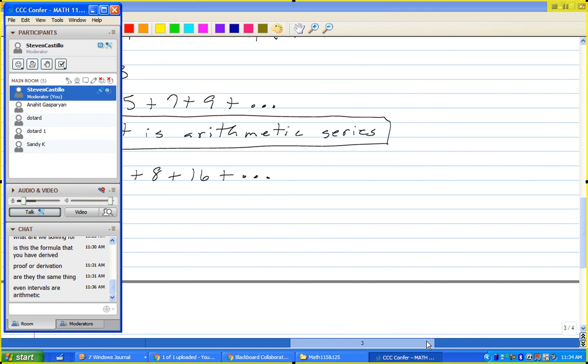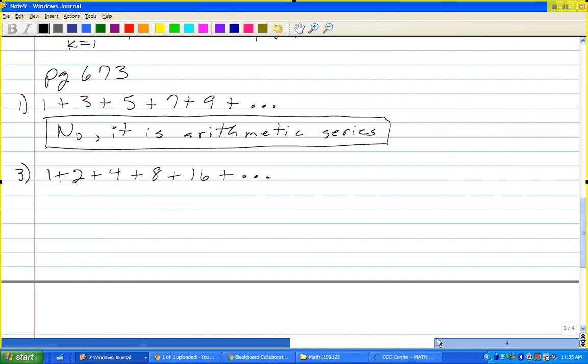If we have a common difference, if you always add the same amount, then it is an arithmetic sequence. Since we're adding terms of an arithmetic sequence, this is an arithmetic series, not a geometric series.